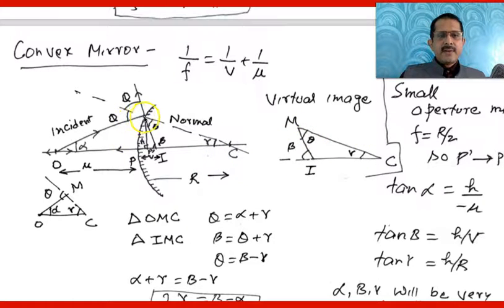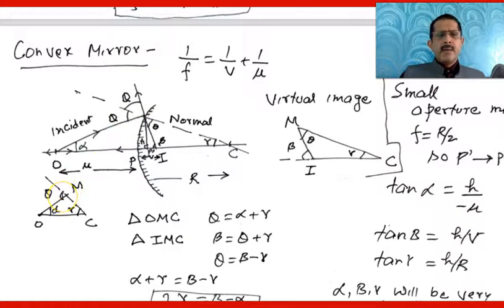Similarly, if I take MOC, the bigger triangle, I can write gamma, alpha, and this angle is theta.